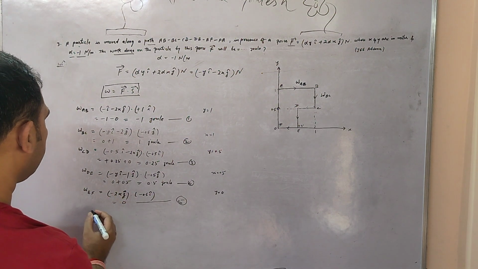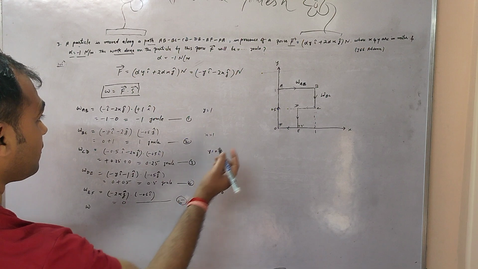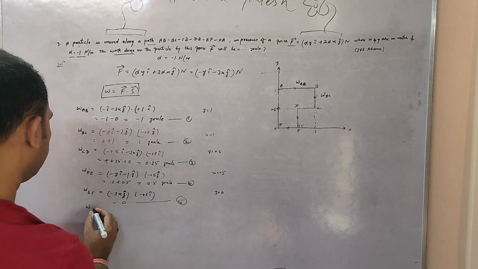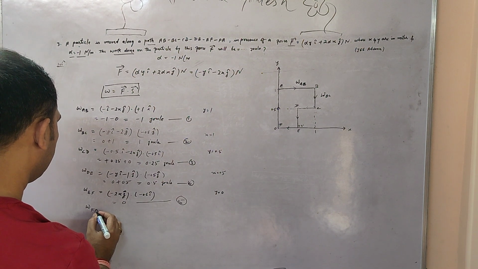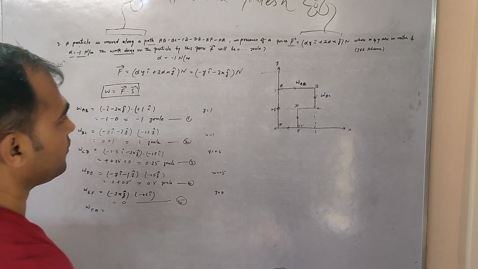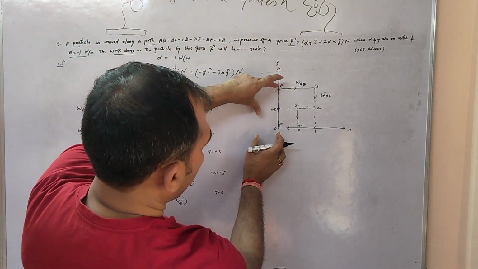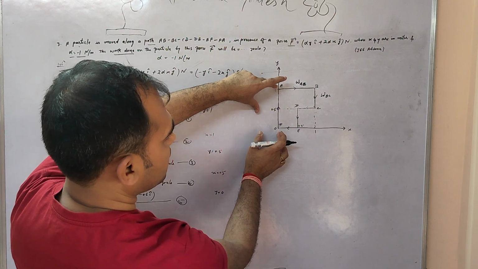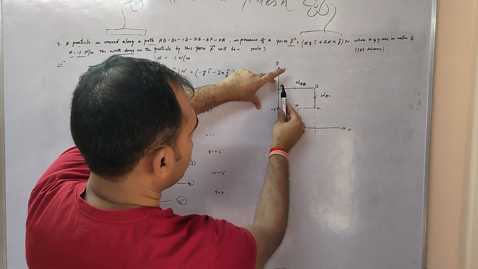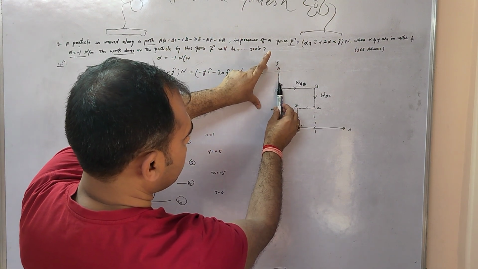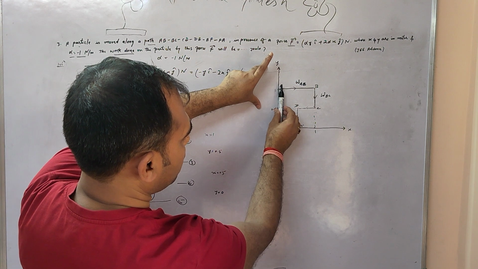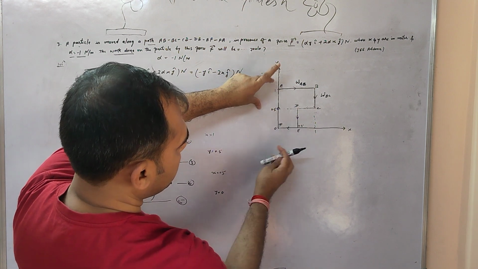This is question number 5. Now work done from F to A. Similarly, what is constant here from F to A? That is the value of x. On the y-axis, x will be 0 always.